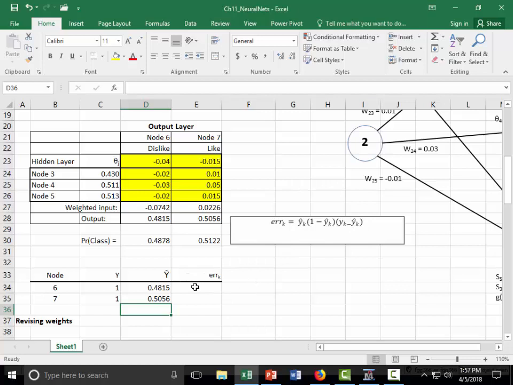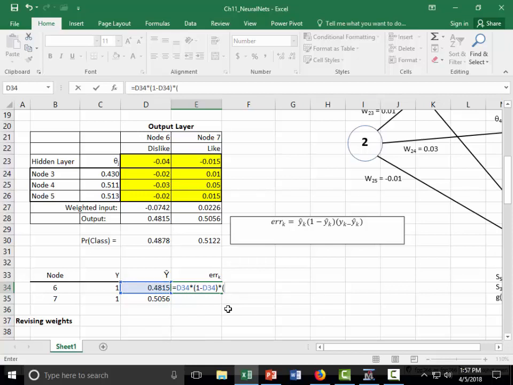So you go y hat, all right, so that's our y hat, times 1 minus y hat times y minus y hat. That is the error for node 6. Okay. And then copy that down, that would be the error for node 7.